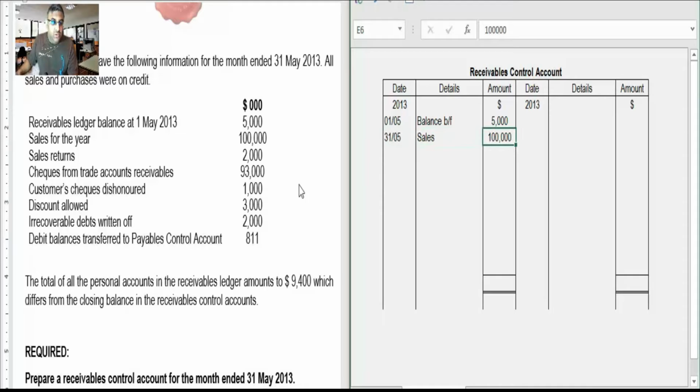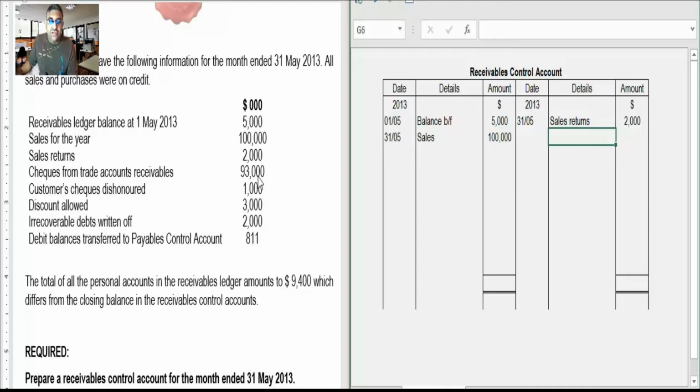After that, we have sales returns of $2,000. We credit the control account by $2,000, dated the 31st of May, and these are sales returns. After that, we have checks from trade accounts receivables of $93,000.